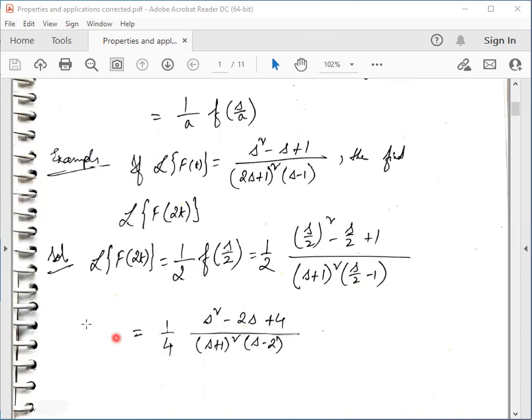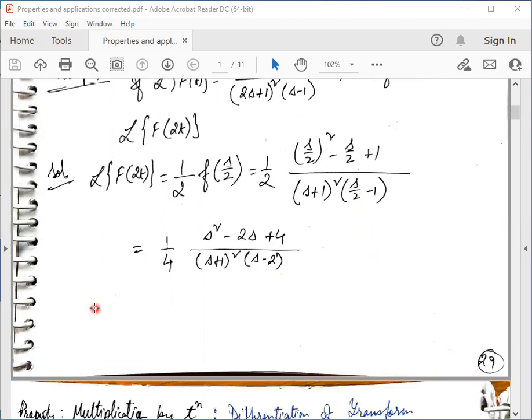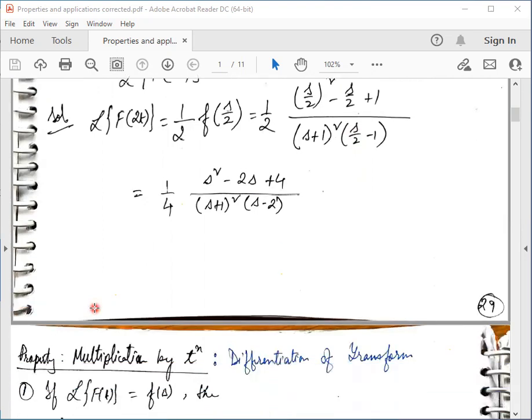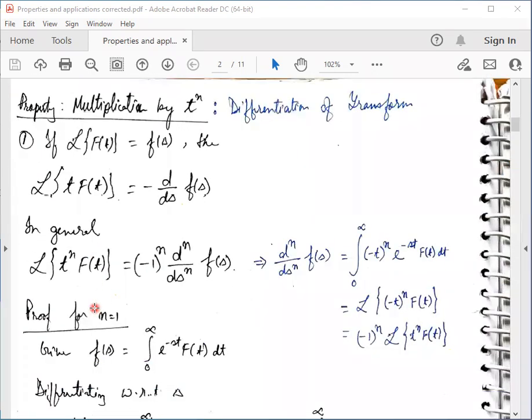Very simple. Now let us look at the next property, and that is multiplication by t to the power n. If the Laplace transform of capital F is small f, then the Laplace transform of t times capital F would be minus the derivative of f of s.